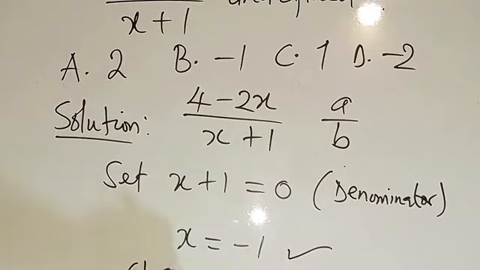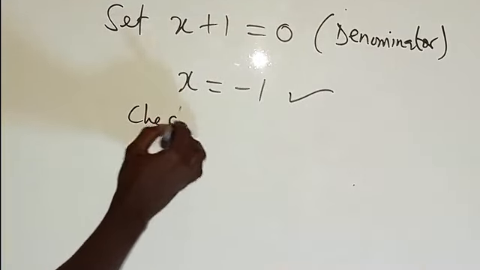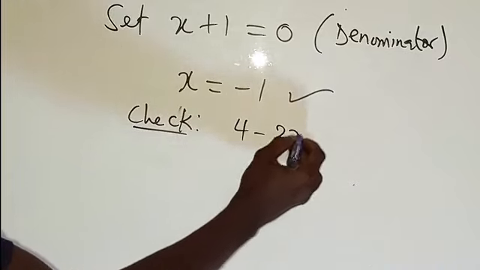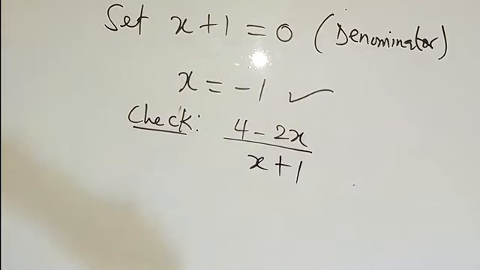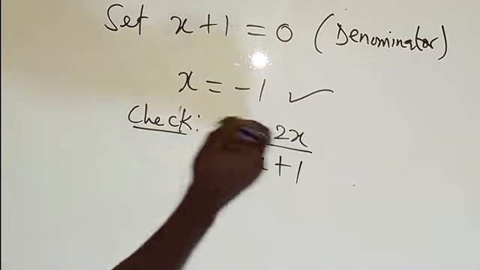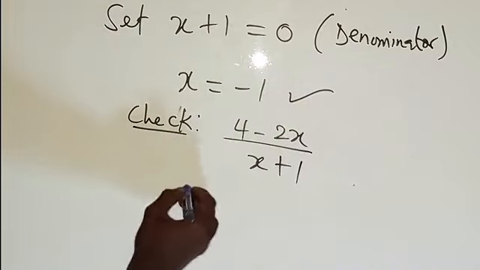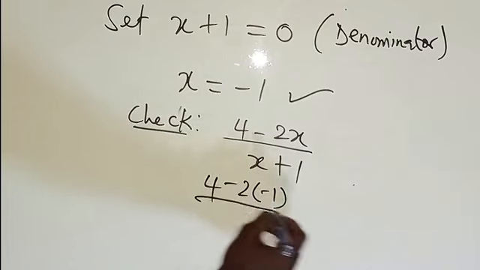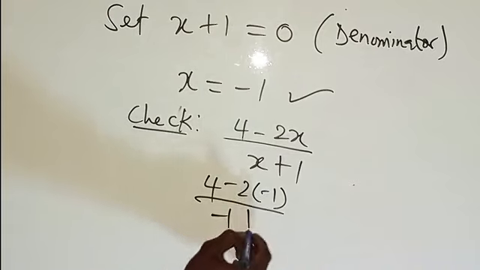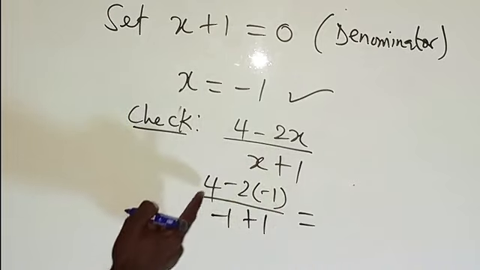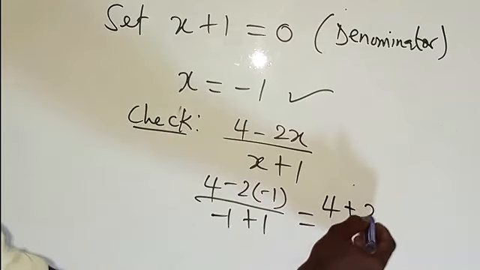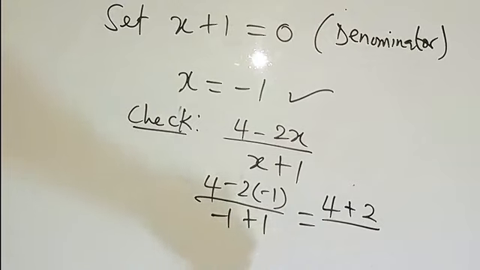So therefore x equals minus 1 is the one that will make this fraction undefined. Now let's quickly check and see whether it is or not. So now we have 4 minus 2x over x plus 1. If we put x equals minus 1, we have 4 minus 2 times minus 1, which is plus 2, then divided by minus 1 plus 1.